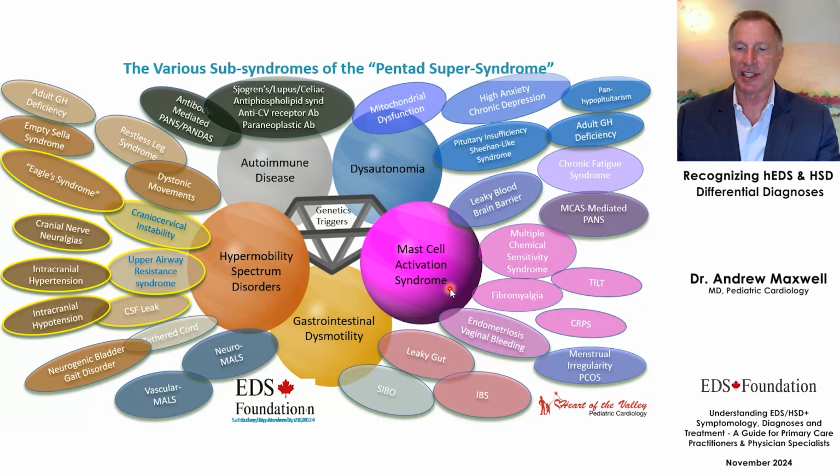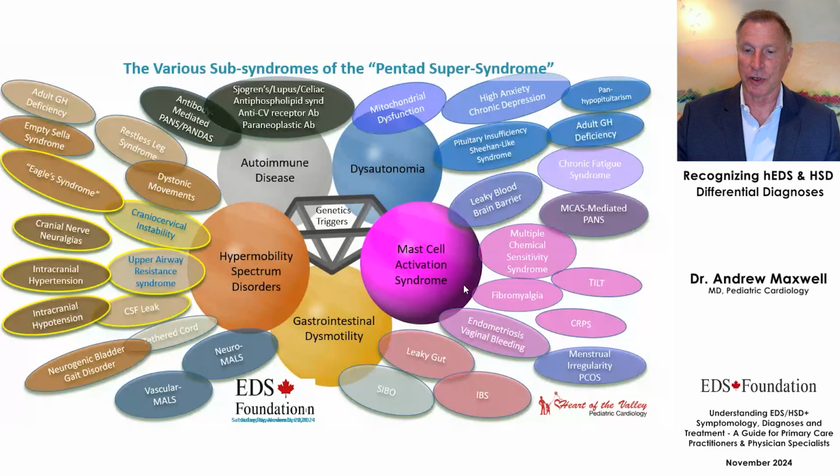I should be highly suspicious that this patient has mast cell activation syndrome. Or conversely, I've just diagnosed what I think is mast cell activation syndrome in my patient. I should be on high alert for all these subsyndromes connected over here.